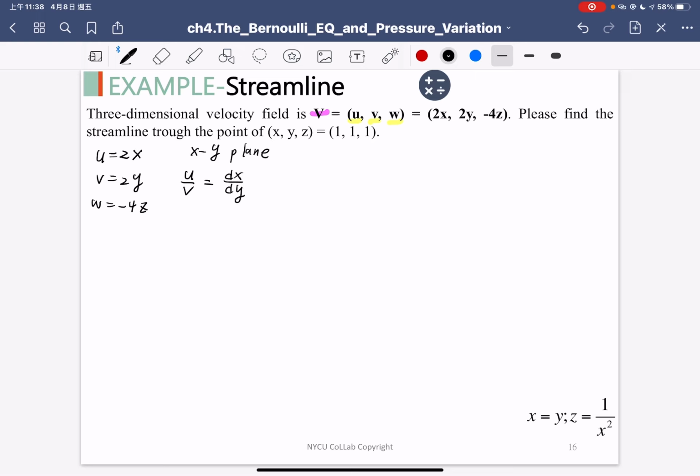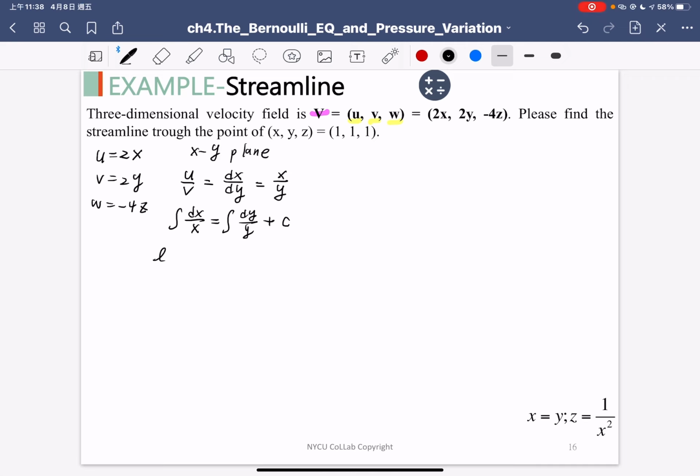Again, the same idea. I can put the numbers in here, so it's equal to x divided by y. Then I put the same parameters together and do the integration on both sides, and I have the constant value in here.